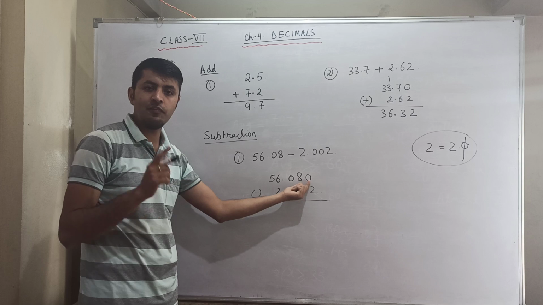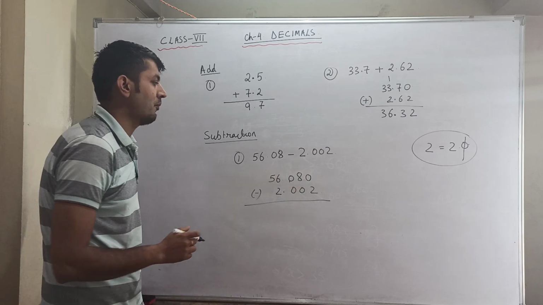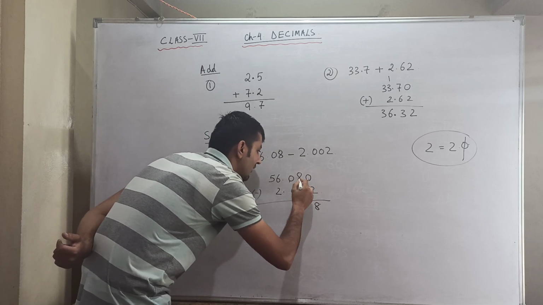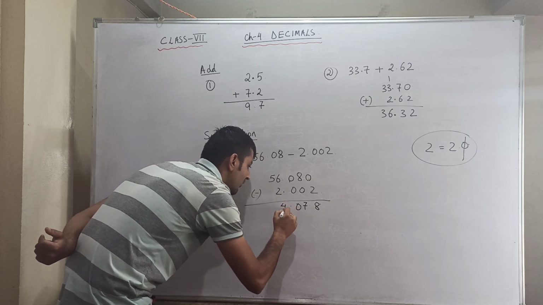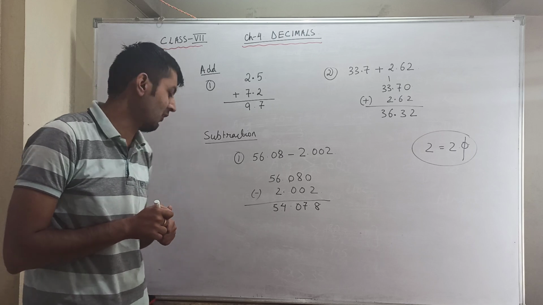So 10 minus 2 becomes 8, then 7 here, 0, then 4, then 5. This way you can do your subtraction.